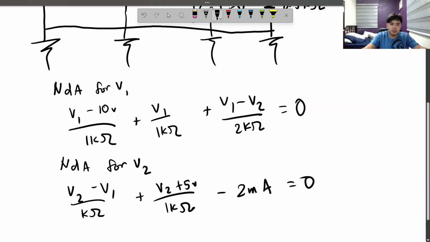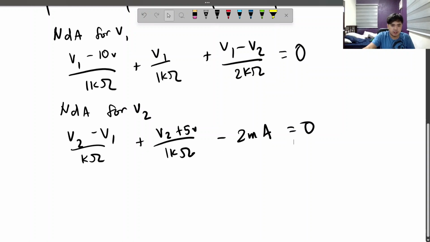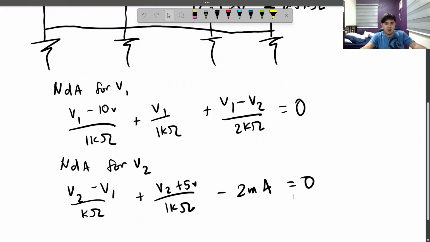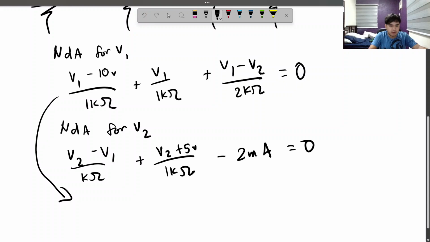And if you're going to input this in a calculator, using mode 5 in my Casio calculator, let's arrange this so that this looks better. So first one, for this, we get 2.5 V1 minus 0.5 V2 equals 10.